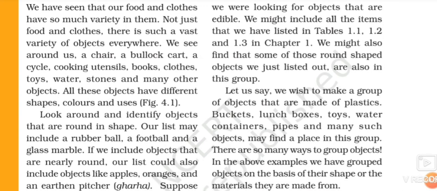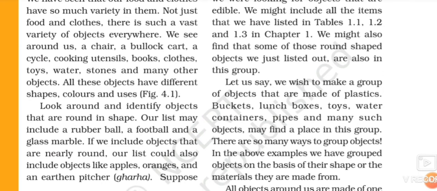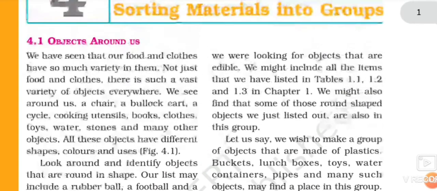These are ingredients like some of the pulses, like all the tur dals and moong dals, and also items like chapati, puri, biscuits, cakes, which are round in shape. All these things are round in shape and also edible.